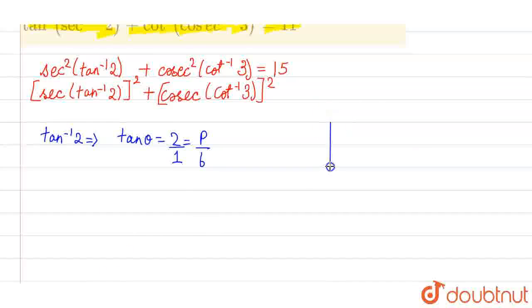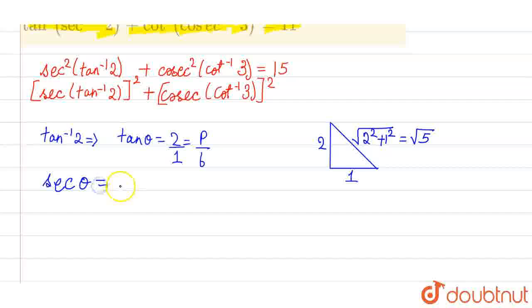If you draw a right angle triangle here, your perpendicular is 2, base is 1, and hypotenuse will be under root 2 square plus 1 square, that will be under root 5.